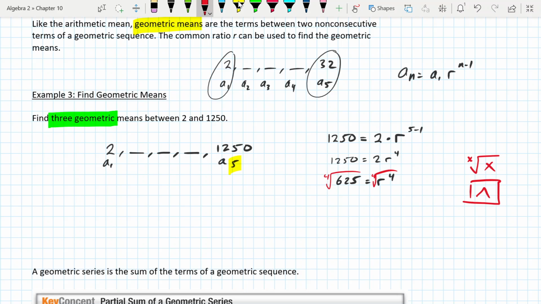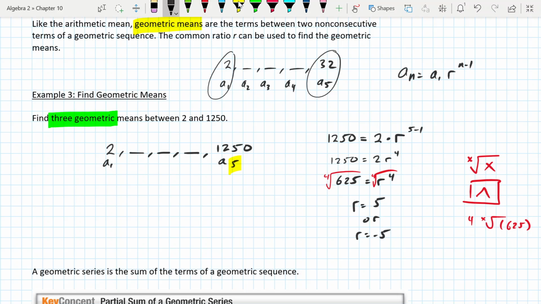You just have to type in the 4 and then hit the root x button there and type in 625. And it will give you the positive root. So if it's an even index, you got to keep an eye out for that. So the 4th root of 625. Oh, look at that. It's 5. But that means r could be 5 or r could be negative 5.